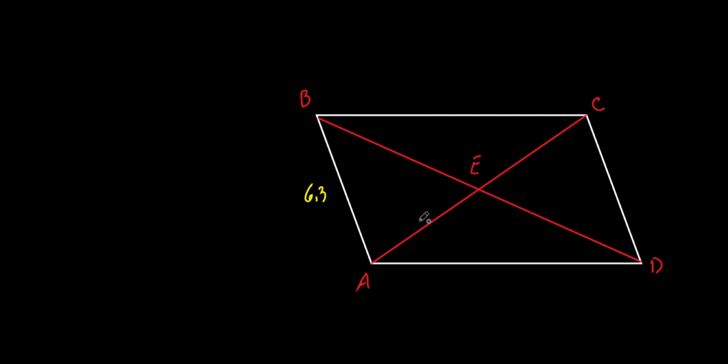So AE, where's that? Right here, 4.2. This is 6.3. This is 4.2. All right, they tell you BD. BD is the whole thing. I'm just going to write it right here instead of trying to draw it on here because it could get a little sloppy. BD is 11.6. So BD, that's from one corner all the way to the other corner.